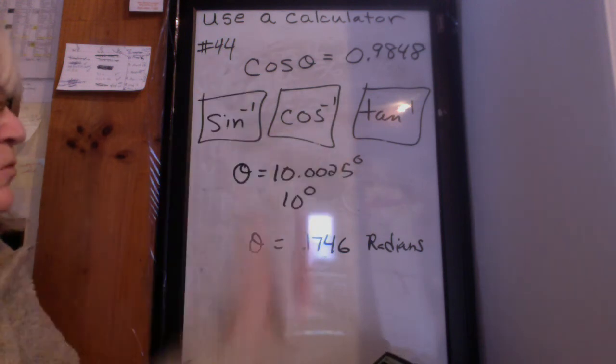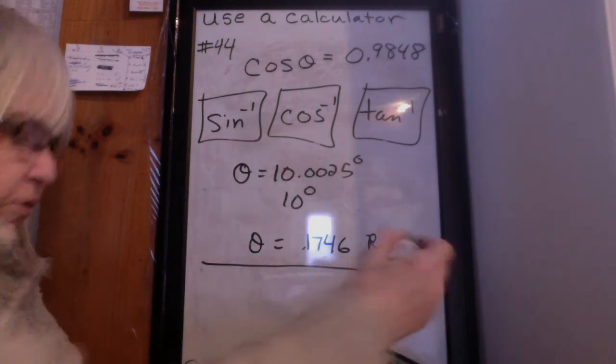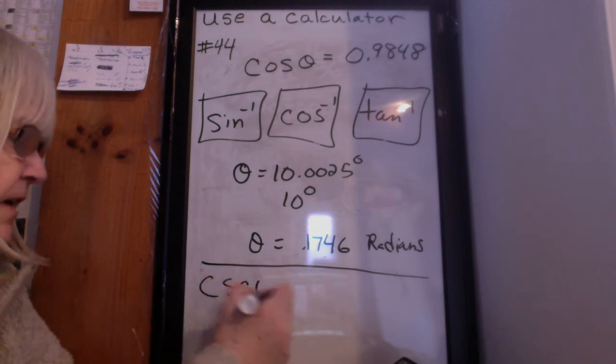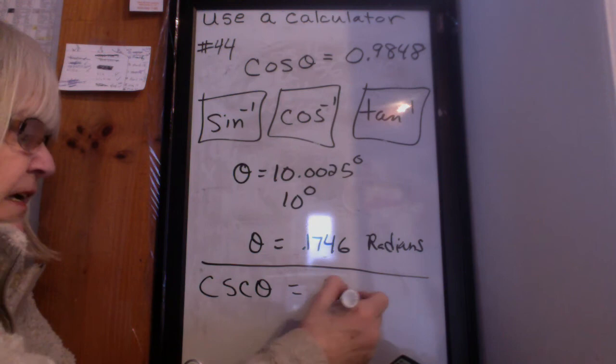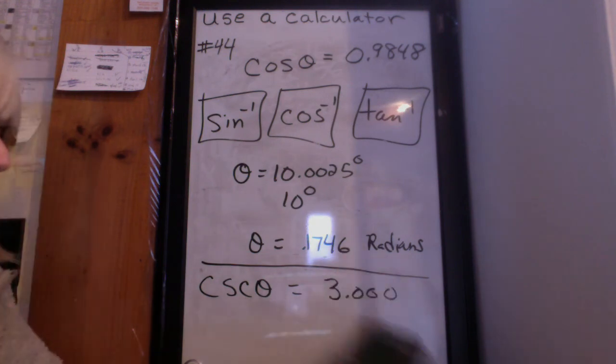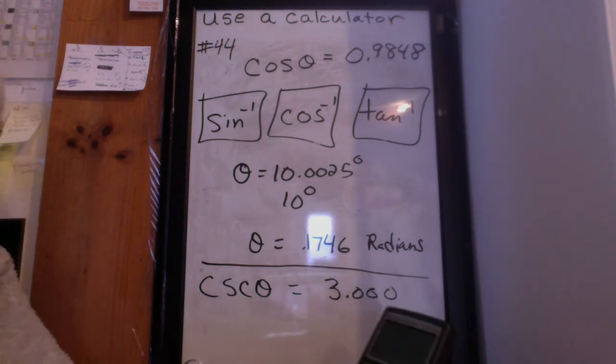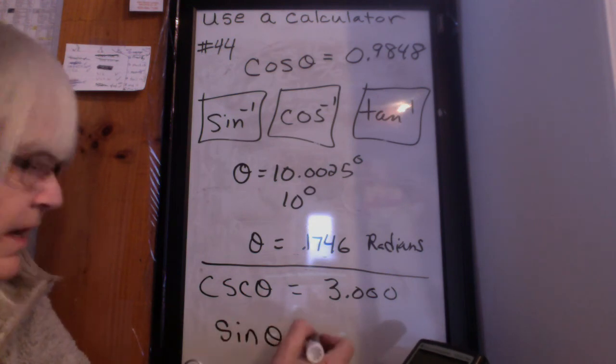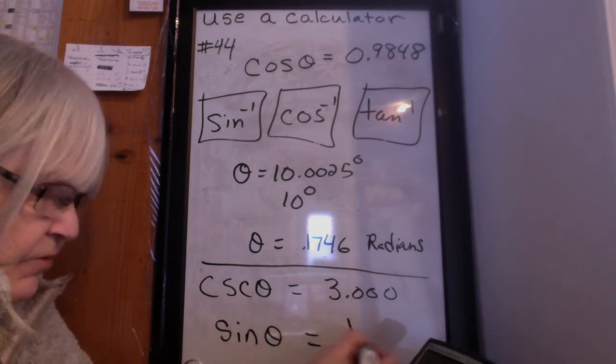But what happens when I do some of the partner functions? For example, suppose I want to do cosecant of theta equals 3, right? There's no cosecant button. So the only thing I can do is the sine of theta, and use its reciprocal.